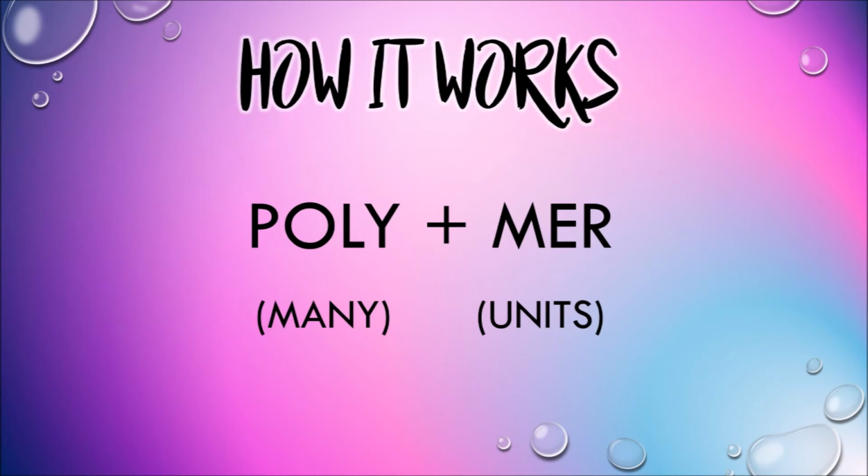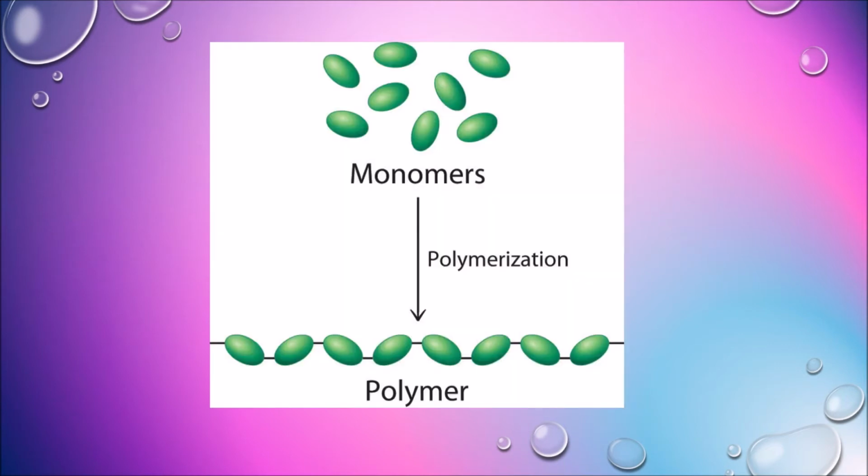And this is how our gelling agent works. And do we remember what this process is called? It's called polymerization, the process by which monomers link together to form a bigger molecule.